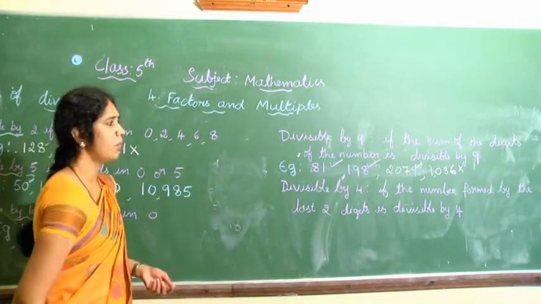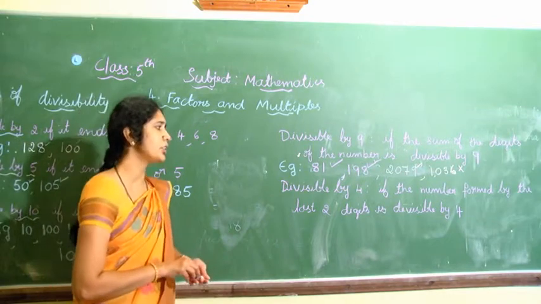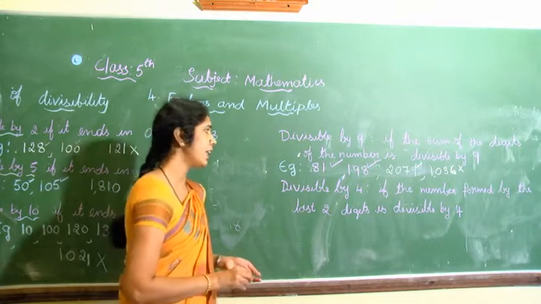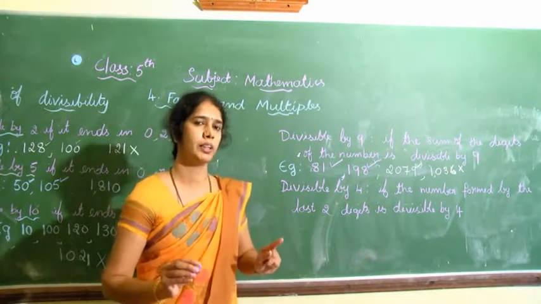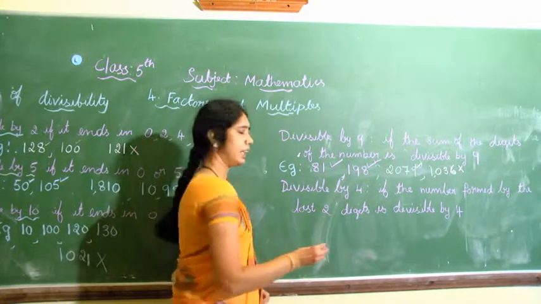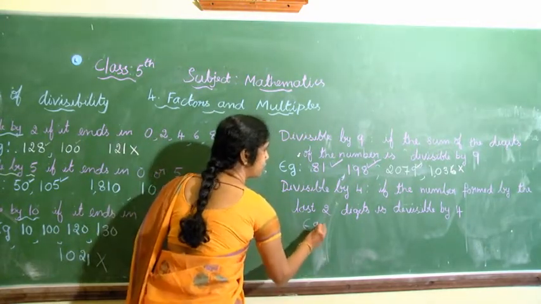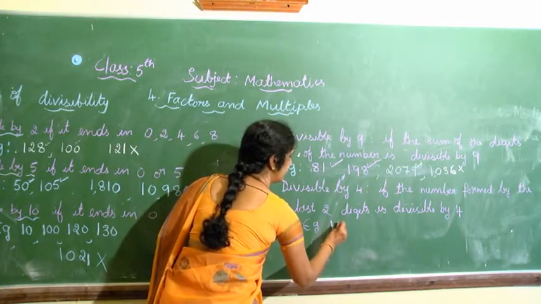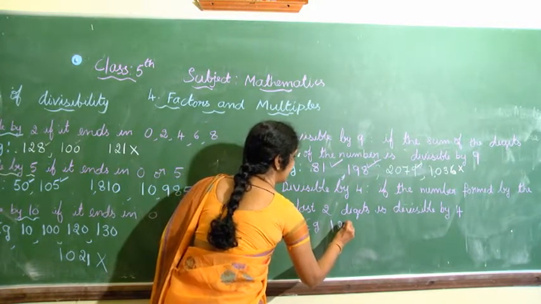Now next, divisibility by 4. If the number formed by the last two digits is divisible by 4, then I can tell that the given number is divisible by 4. For example, 126.